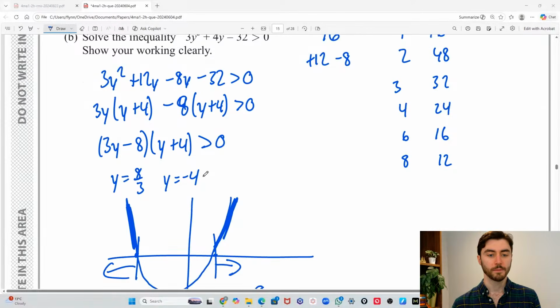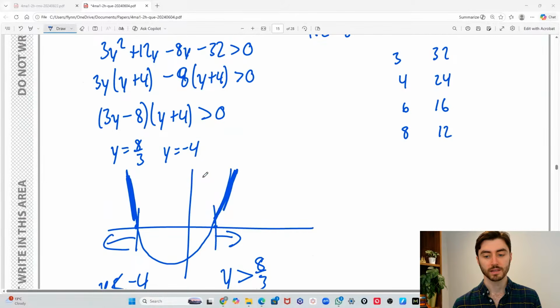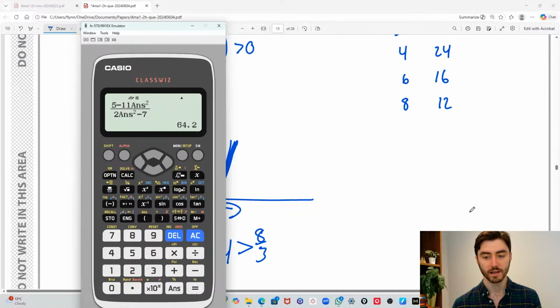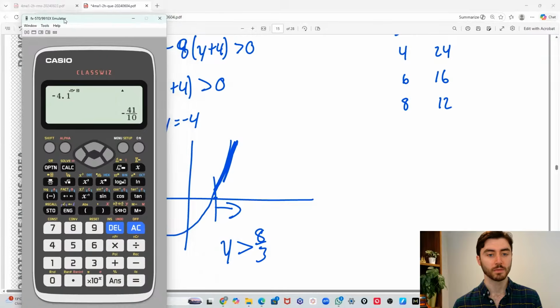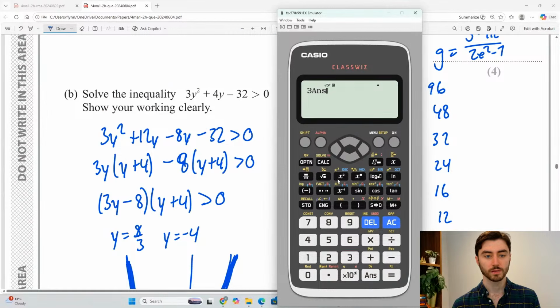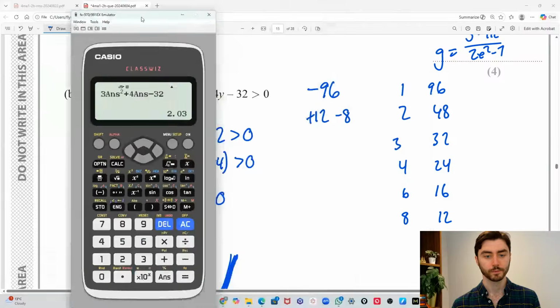Solve this inequality. What I'll do is I'll make sure I got my signs the right way around. So let's pick a y just on the other side of that. So y less than that would be minus 4.1. Let's confirm if I plug that in, I get a number bigger than 0. So 3 answer squared plus 4 answer minus 32 is bigger than 0. Good.